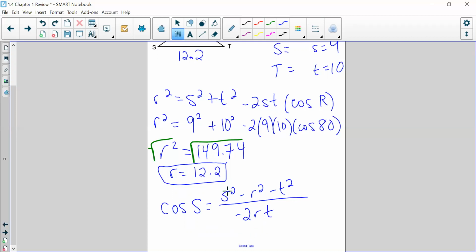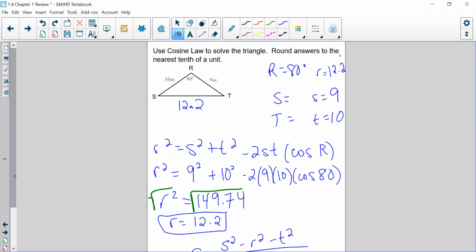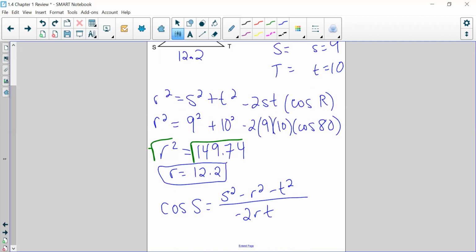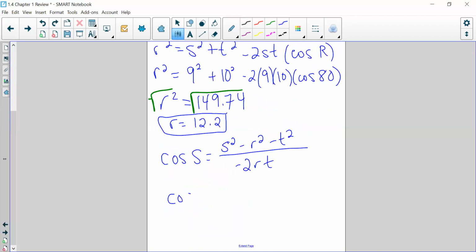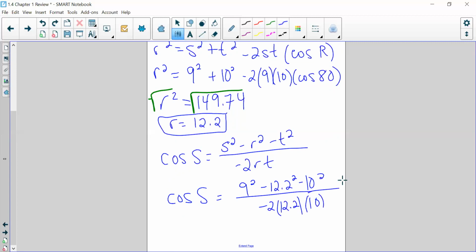So I'm going to do 9 squared first in my formula because I'm solving for S, so I'm starting with side S, minus 12.2 squared minus 10 squared, over negative 2 times 12.2 times 10. I'm using my fraction button.